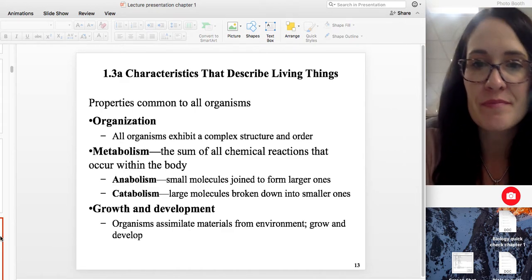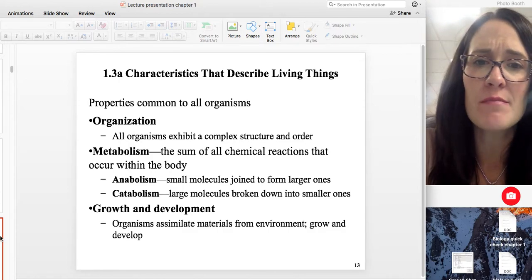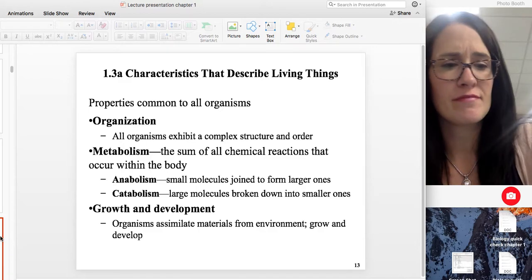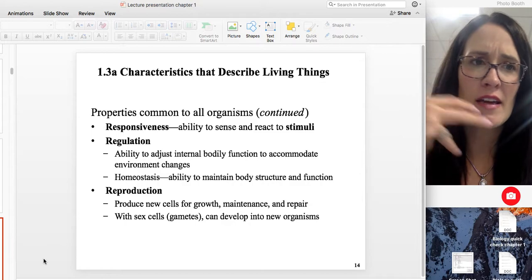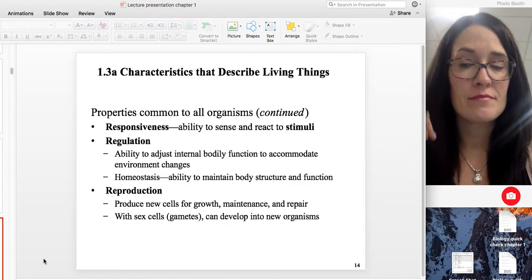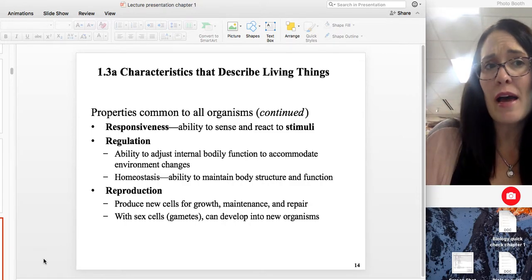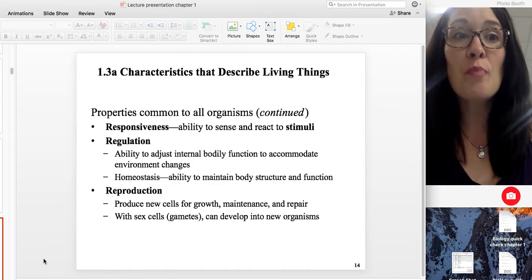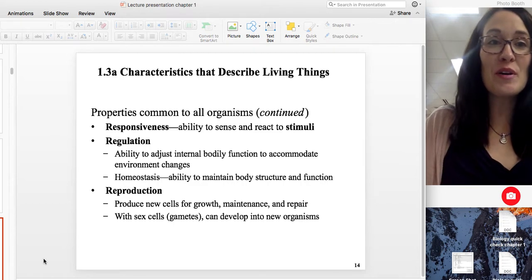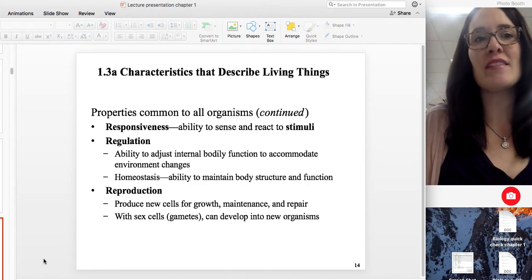Both are important. Living things grow and develop, get their materials from the environment, and develop over time. Living things respond to stimuli. If I turn off the lights and turn them back on, the muscles that cause my pupils to move would react to that stimulus, the stimulus being the light.